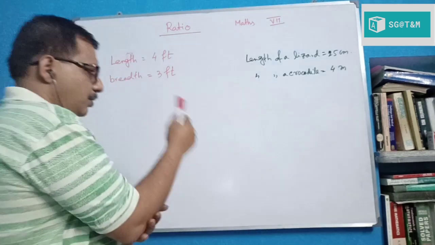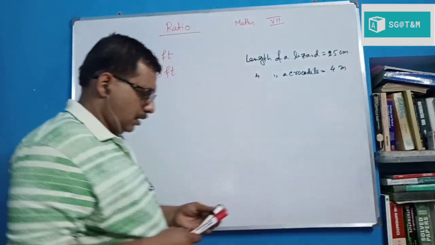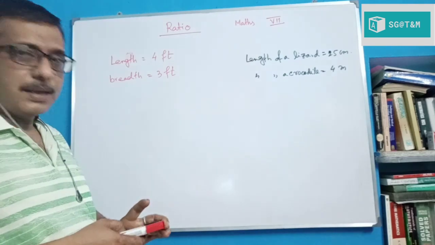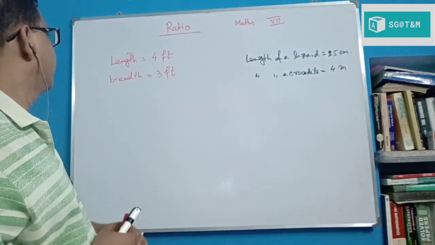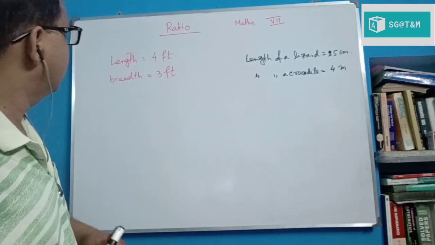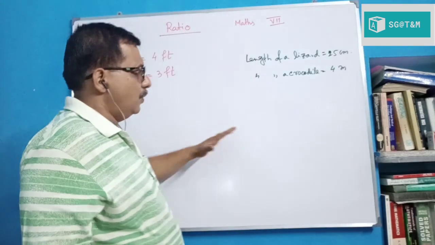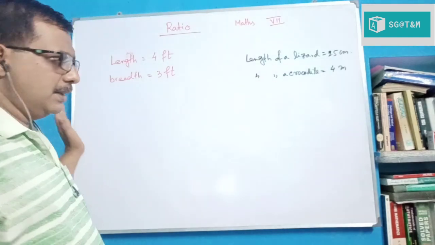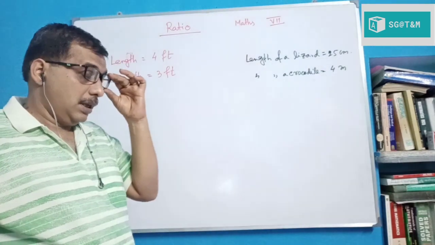So what is ratio? This is new, most probably not in class 7 before. What is the meaning of ratio? Now just write two things here. The shape of this board is obviously rectangular, so the board has length and breadth.